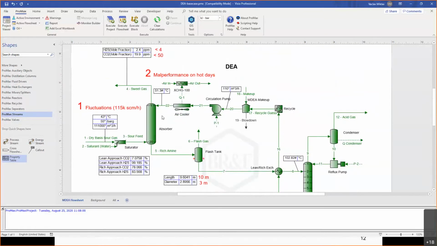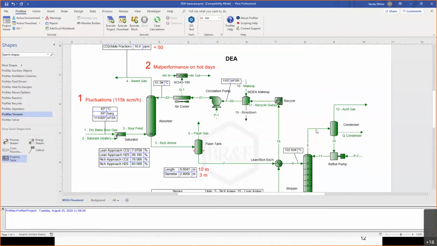As you can see, for instance, for the air cooler, we have the air side here. So this heat exchanger is actually rated, and we are able to predict this outlet temperature based on the heat transfer predicted by ProMax. And there's more to this.